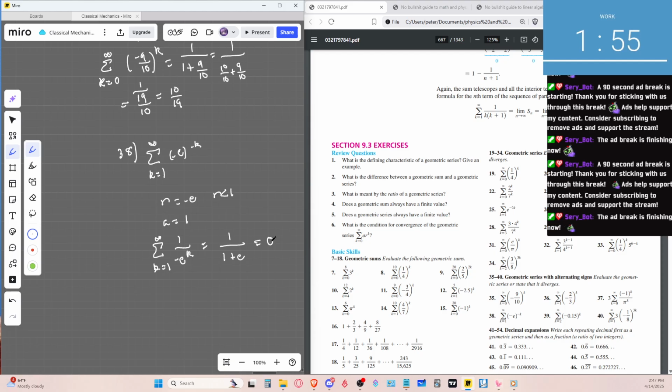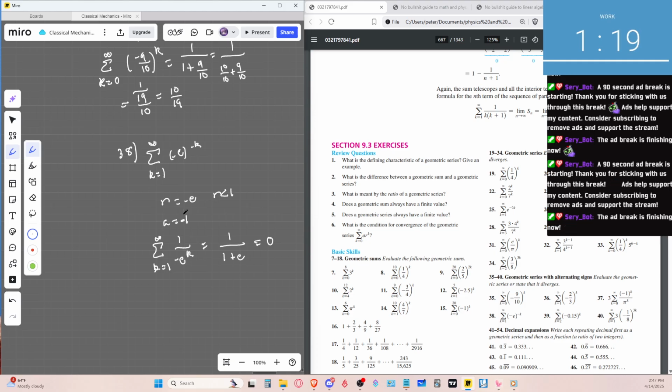Calculus for Engineers, infinite series, number 38. I feel like that might not be right. Let's take a look. Alright, here that can be rewritten as... okay.